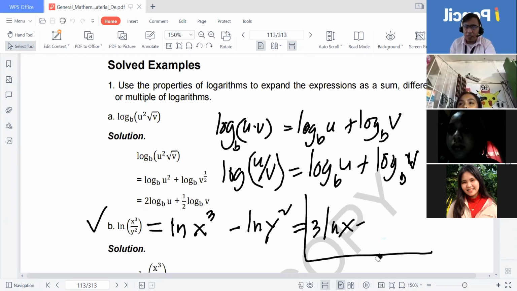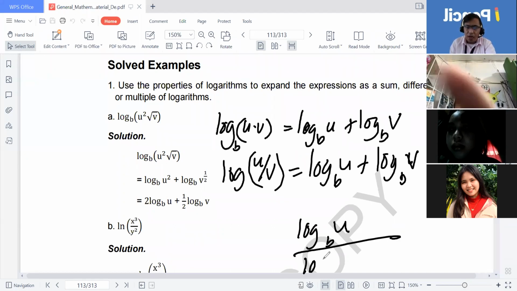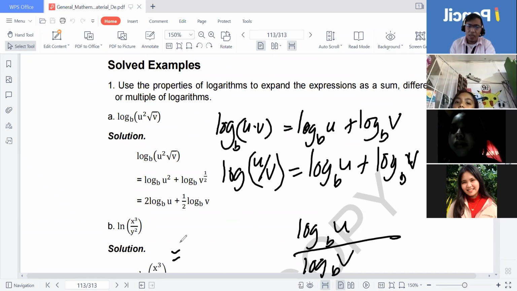What I mean by converse is this case, class: log of u base b all over log of v base b. Just to inform you, this is not equal to a single logarithm.